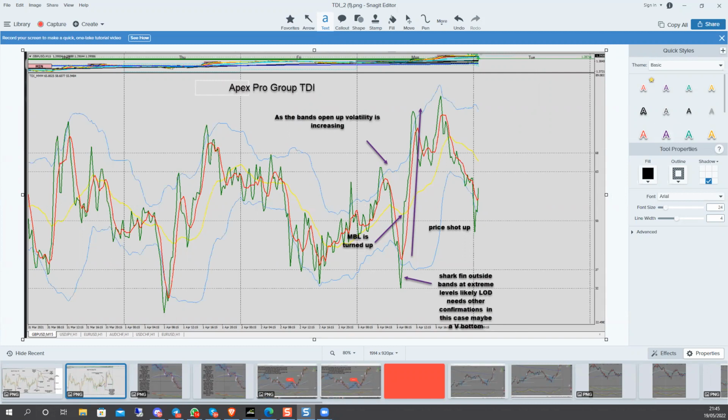So on the chart, you might just see a V bottom, and then price gives us our 3 levels, and this would be our low of the day. See, it's at extreme levels. Price got above the 50. Price crossed the NBL pointed up, and away we go. And at the same time, the bands were opening up too.